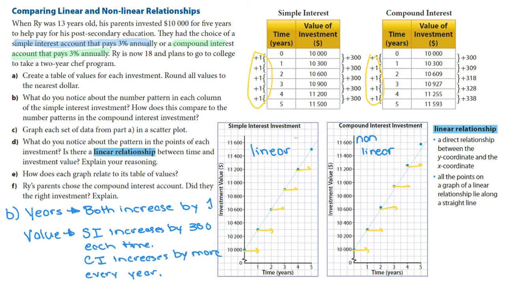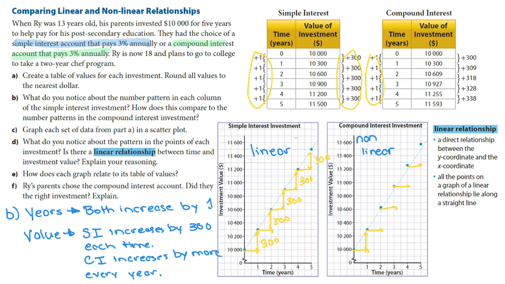If you go back to the graph and look at our dependent variable, in the first graph, the point goes up by 300 every time. And that's what my dependent column increased by.